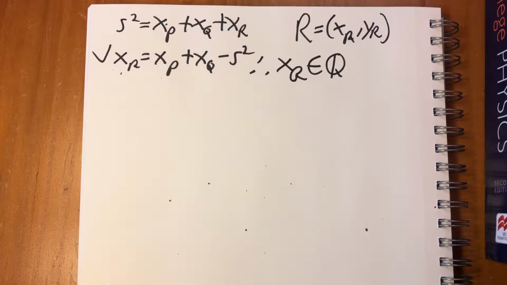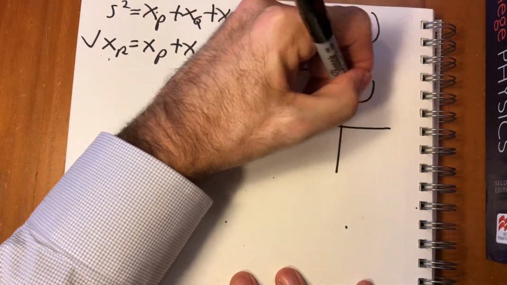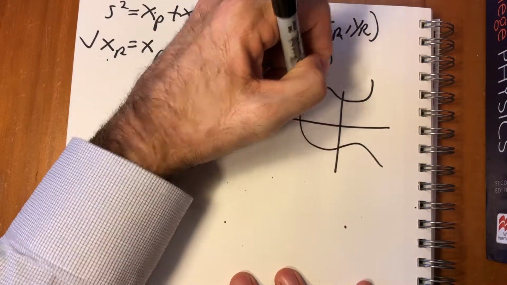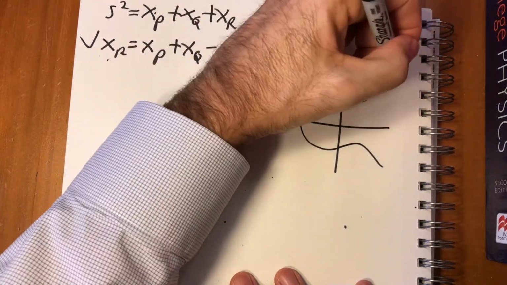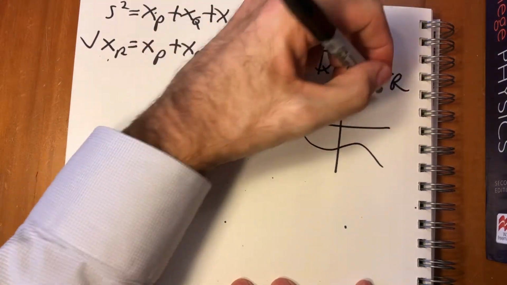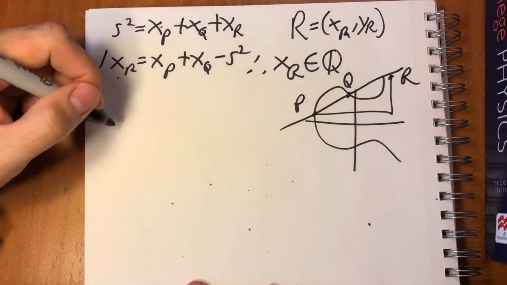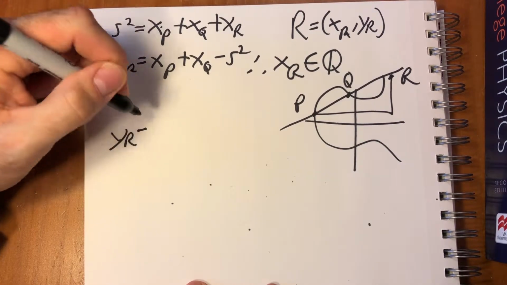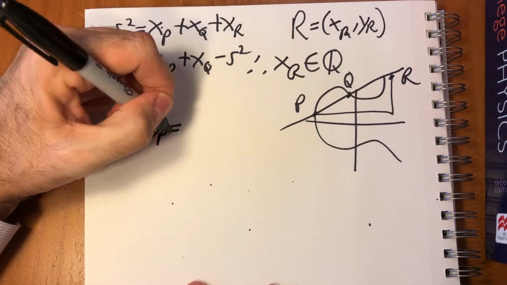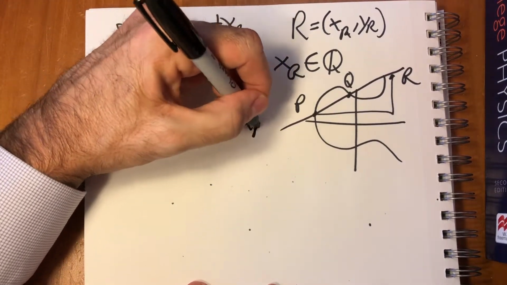Now we have to find y, but we know that if we look at the graph again, we have P, Q, and R. We know that S is also the same slope. So we can say that yr minus yp equals s times xr minus xp, right?